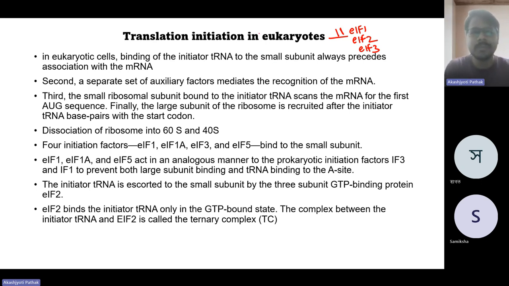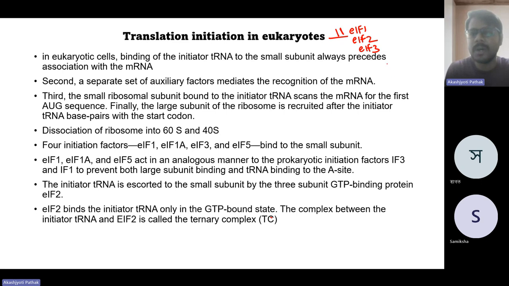So the ribosome will not directly associate with the mRNA in the first step.